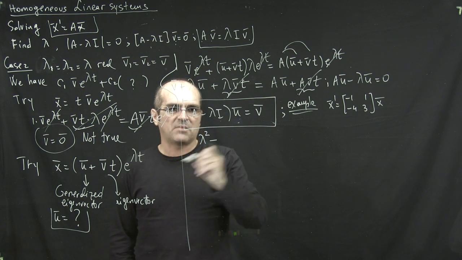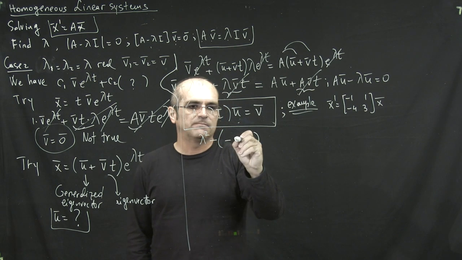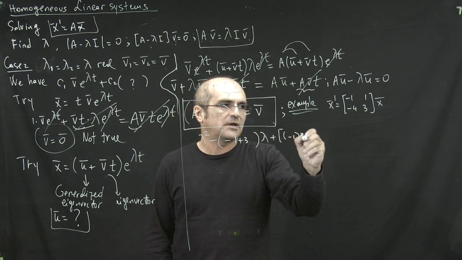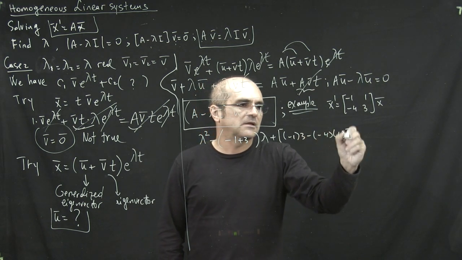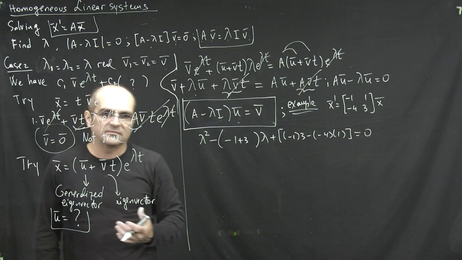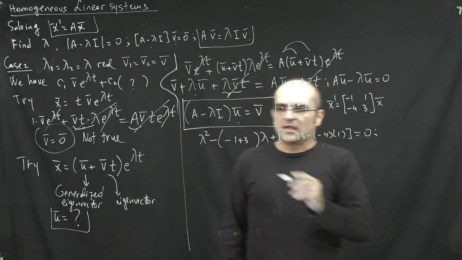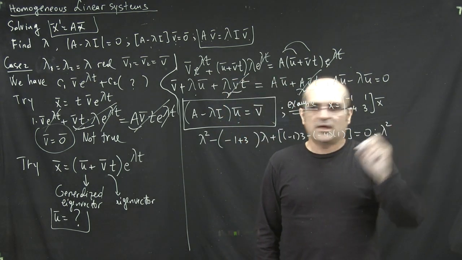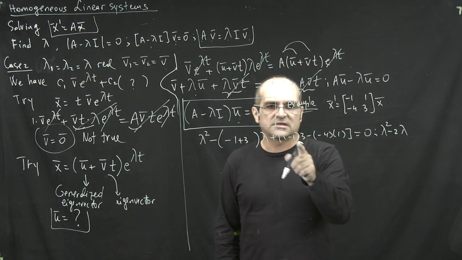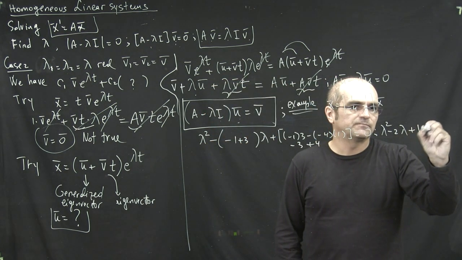So lambda squared minus the trace, which is minus 1 plus 3, which is 2, plus the determinant, which is minus 1 times 3 minus negative 4 times 1. Be very careful with the computation, because if you make a mistake here, of course, it'll ruin the problem. And then this simplifies to lambda squared minus 2 lambda plus 1, right? Because this is minus 3 plus 4. The determinant is 1, equals 0.